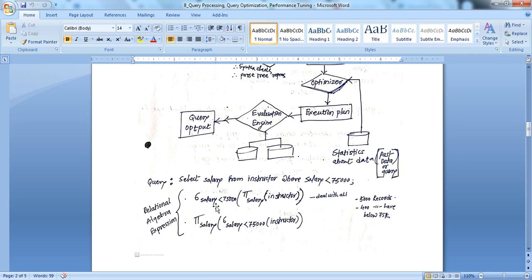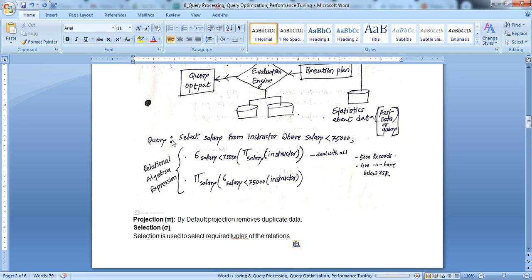It deals with all the instructors to verify the particular salary which is less than 75,000. That is the query: select salary from instructor where salary is less than 75,000.